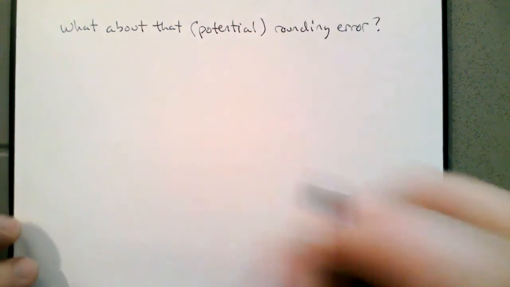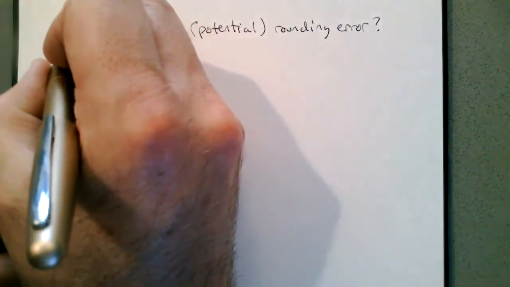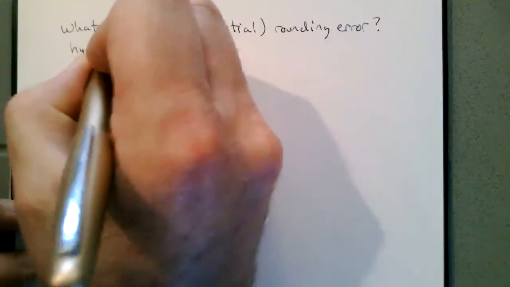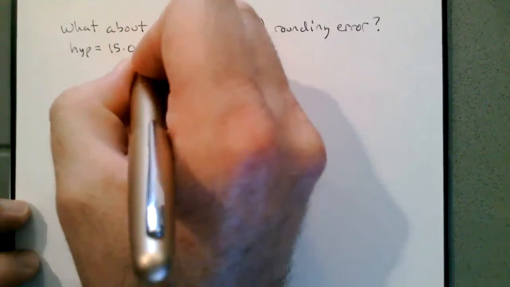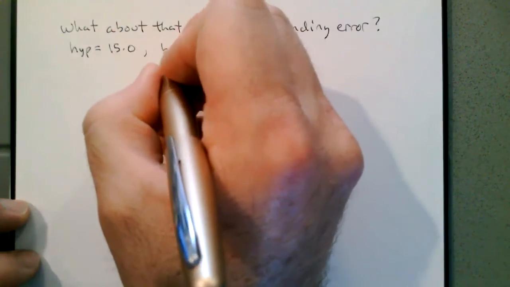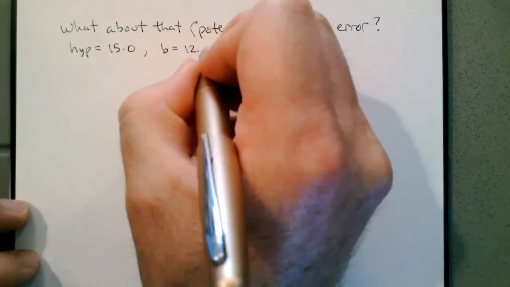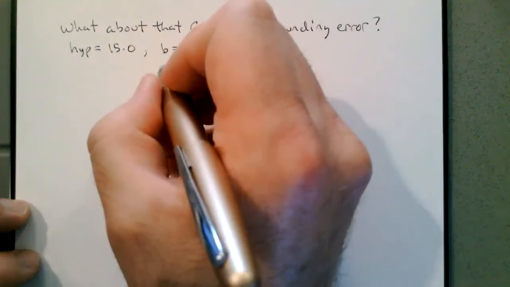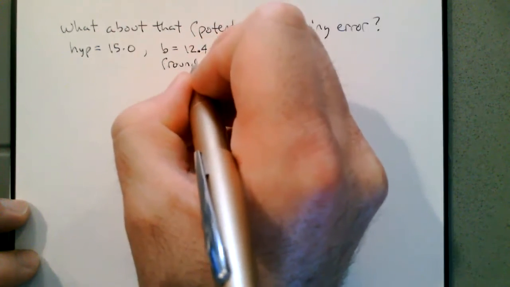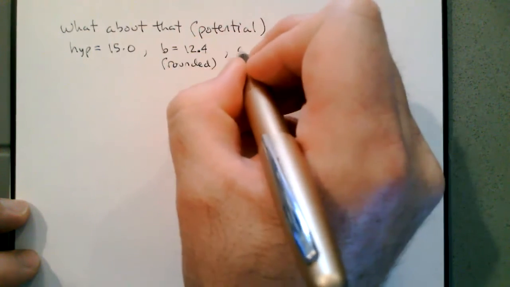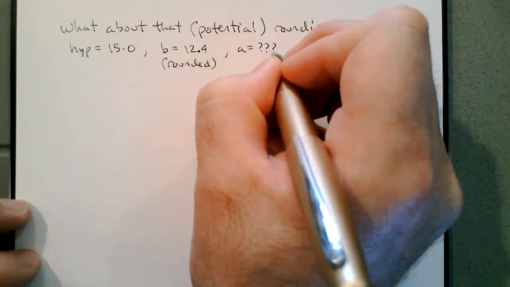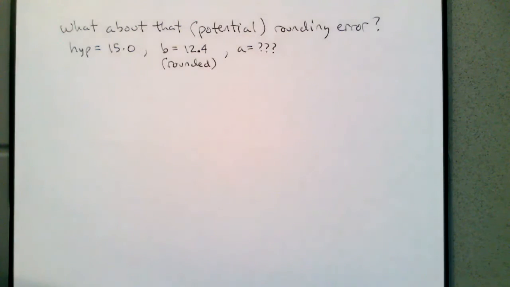So we did have the hypotenuse is 15. One of the sides, side B, is equal to 12.4, and that was rounded. But we have two sides in a right triangle, so we can use the Pythagorean theorem to find the third one. Let's see if it works out.